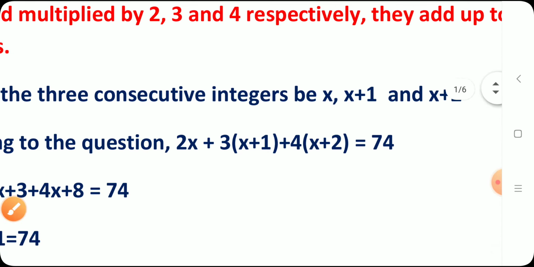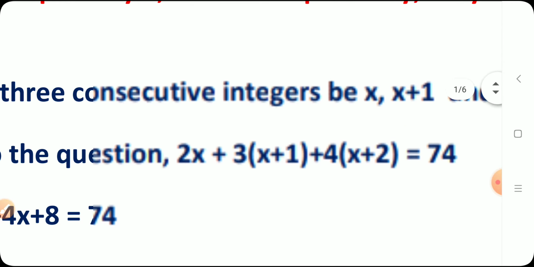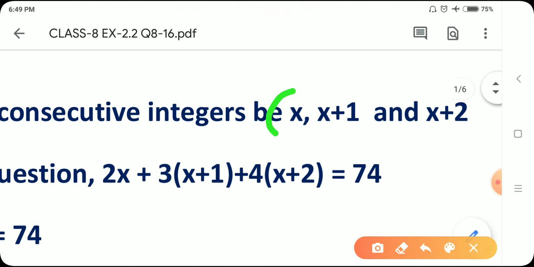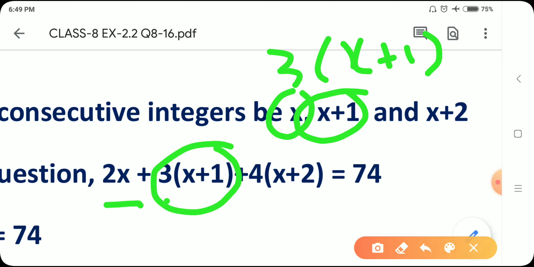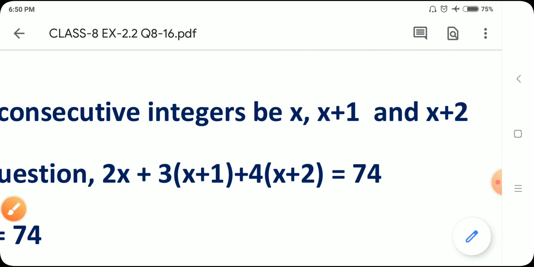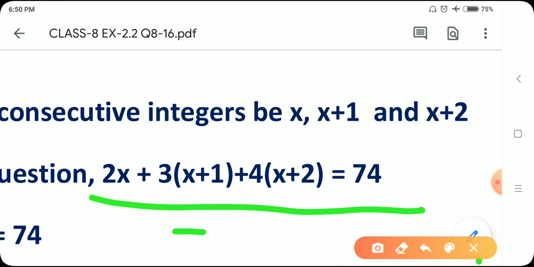According to the question, these add up to 74. So we multiply the first number by 2 and get 2x. Multiplying the second by 3 gives 3 times (x plus 1), and multiplying the third by 4 gives 4 times (x plus 2). The sum is 74.